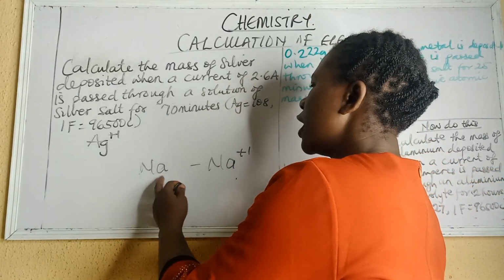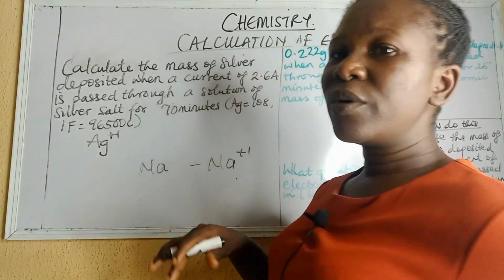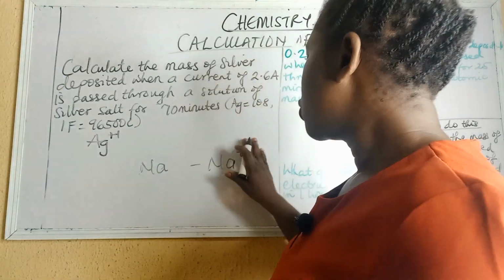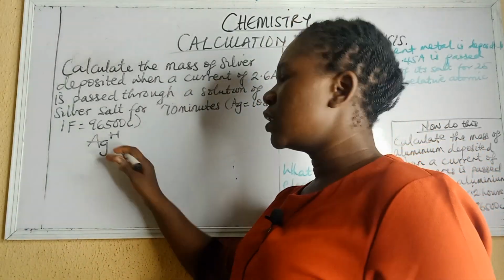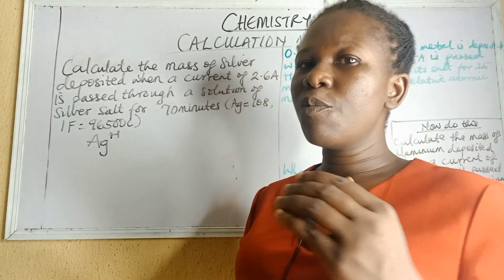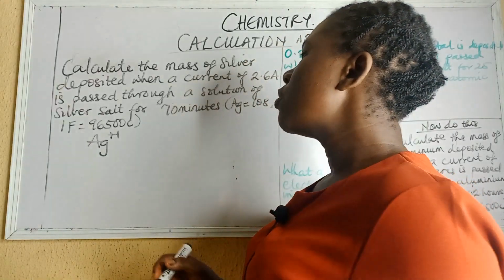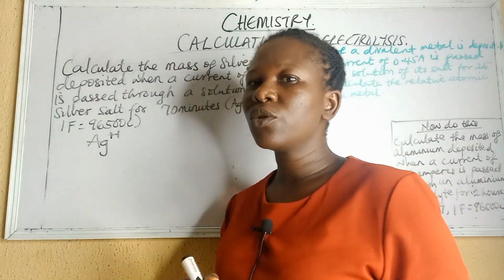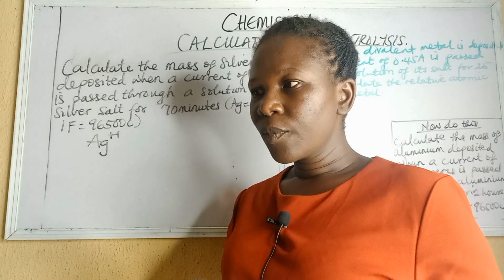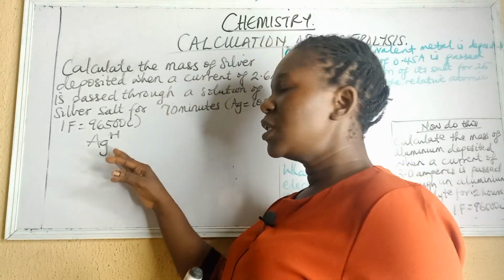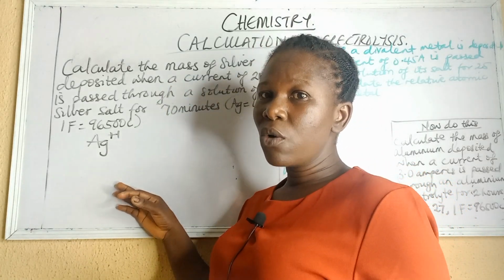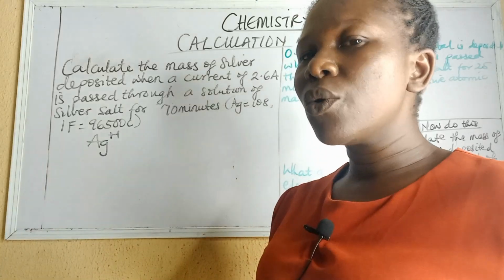So for a neutral element to become an ion, it has already given out electrons. So what happens in electrolysis here, if you are writing the equation of reaction for electropositive elements, is that they will end up going back to pick up the electrons they have lost. Since they are electropositive ions, they are called cations, that is cathode ions.